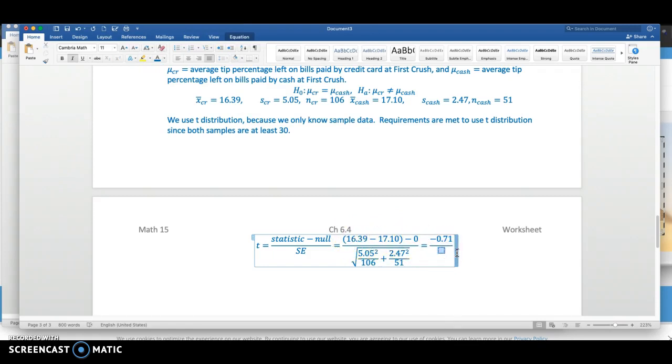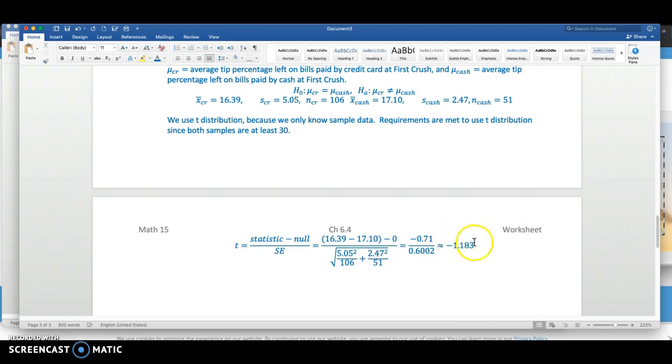And the standard error, 5.05 squared divided by 106 plus 2.47 squared divided by 51, gets us to about 0.6002. I'm going to approximate by taking minus 0.71 divided by that standard error, and I get about minus 1.183. All right, so I have my test statistic.